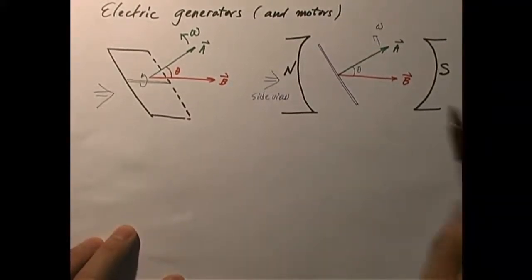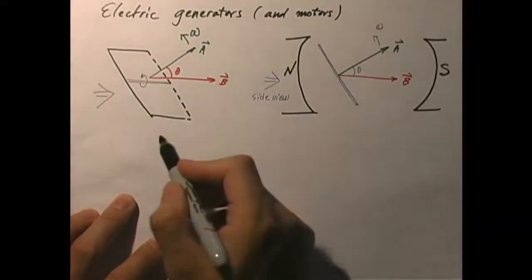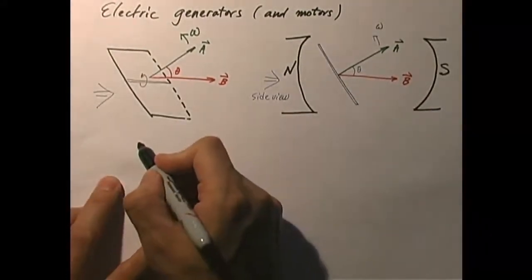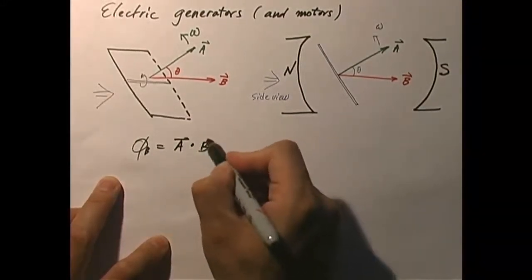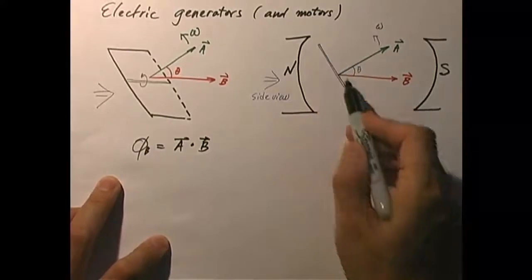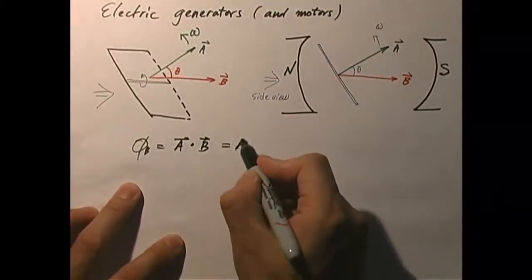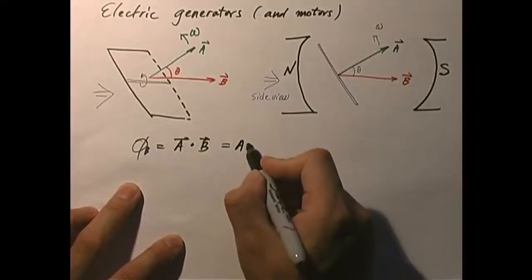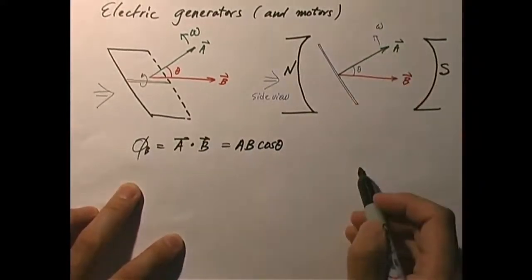Now we can take a look at what kind of EMF we can produce using Faraday's law. The magnetic flux passing through this loop would be A dot B. I can do so because I'm assuming that B is uniform throughout the entire area of the loop. So this is A times B times cosine theta. As you turn, theta changes, right?